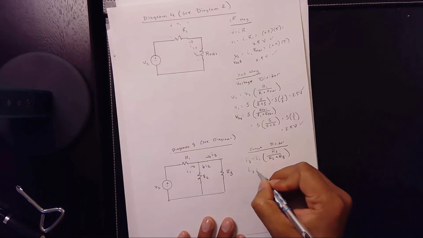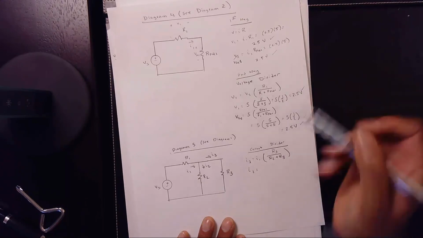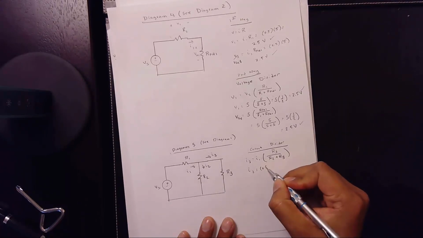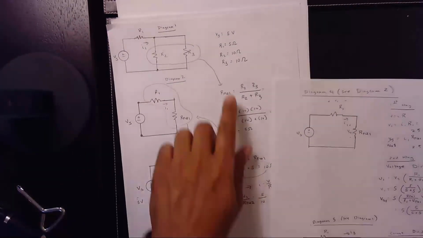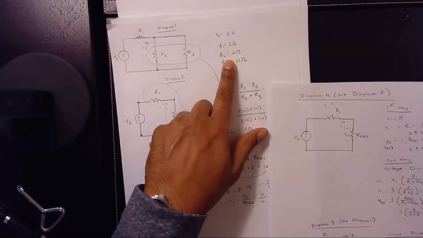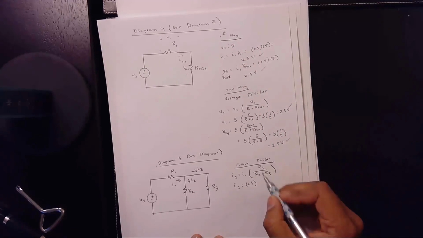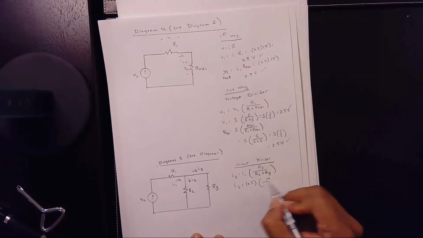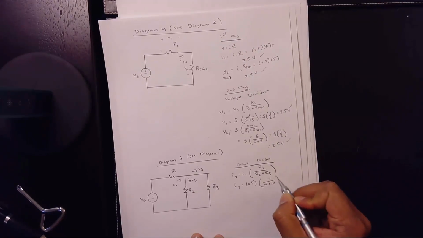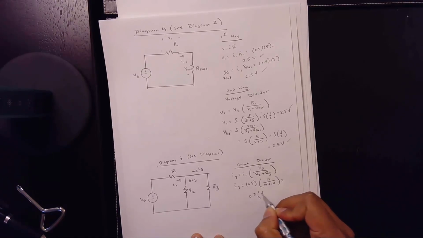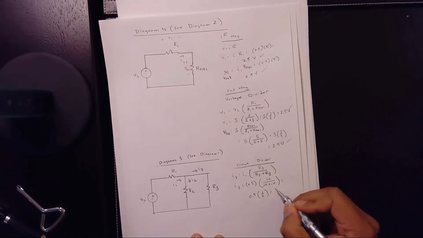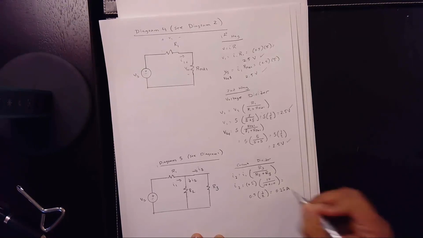So I2 is going to be, we have it here, 0.5, right? Our R3 value, if we look up here, is 10, and our R2 value is 10. So this is 10 plus 10, which is 0.5 over 1/2, so which is 0.25 amps.